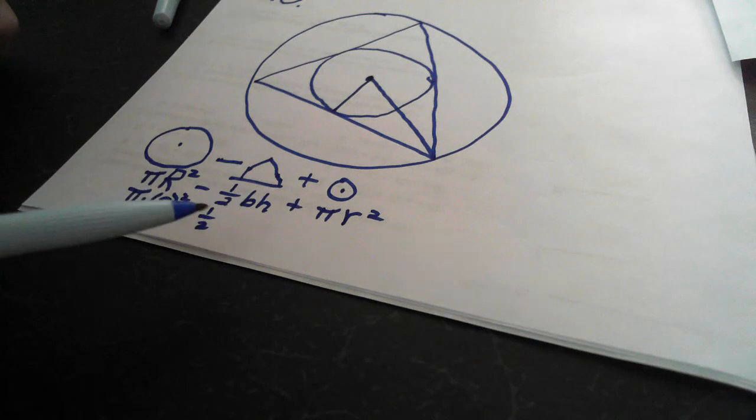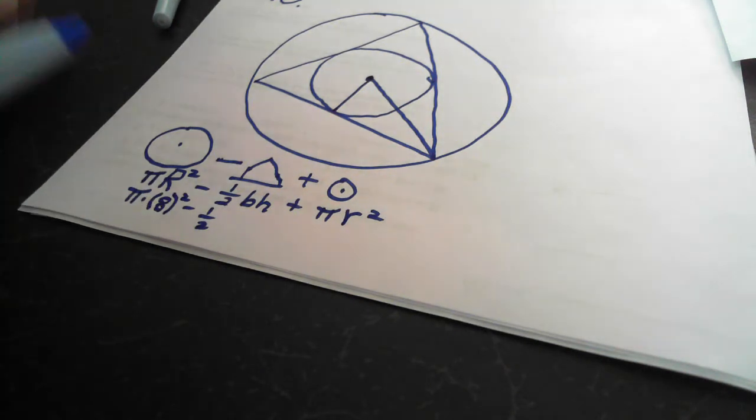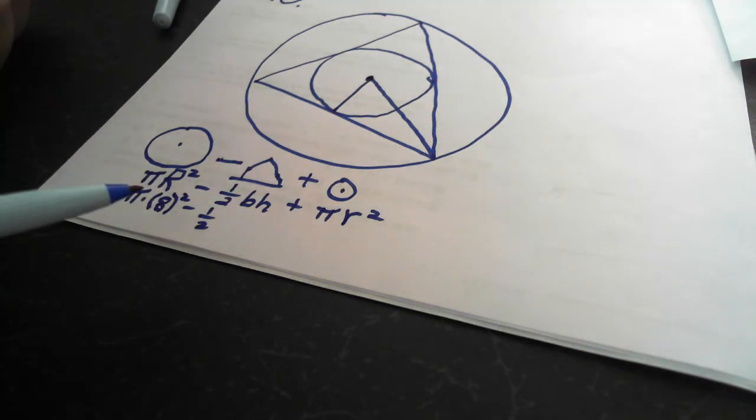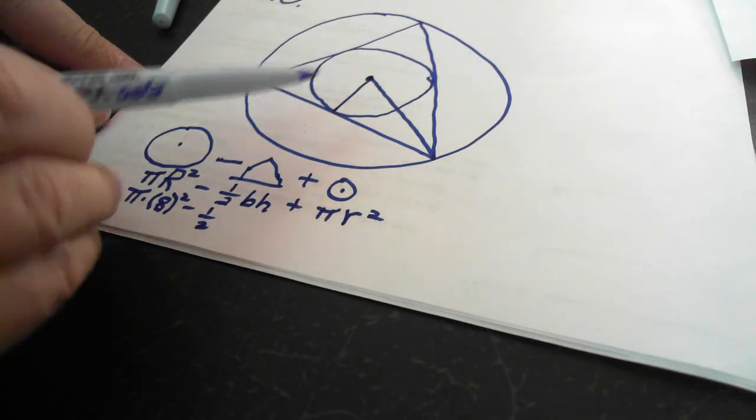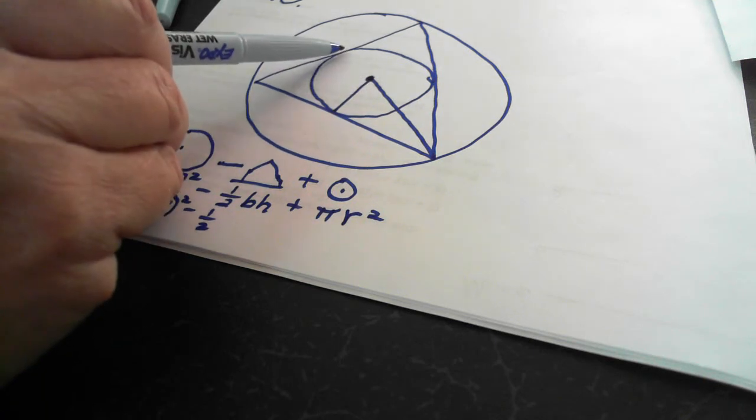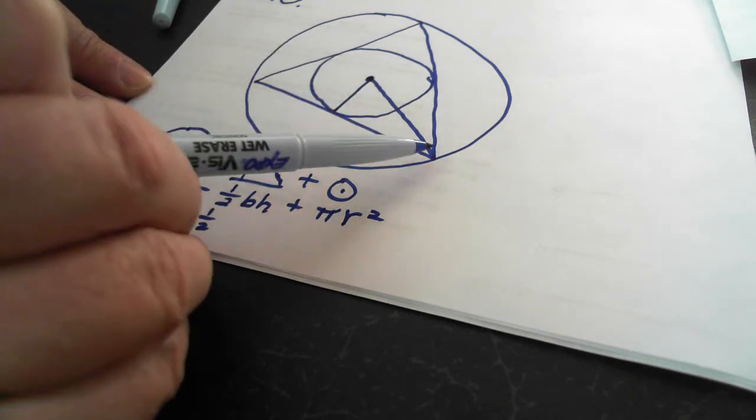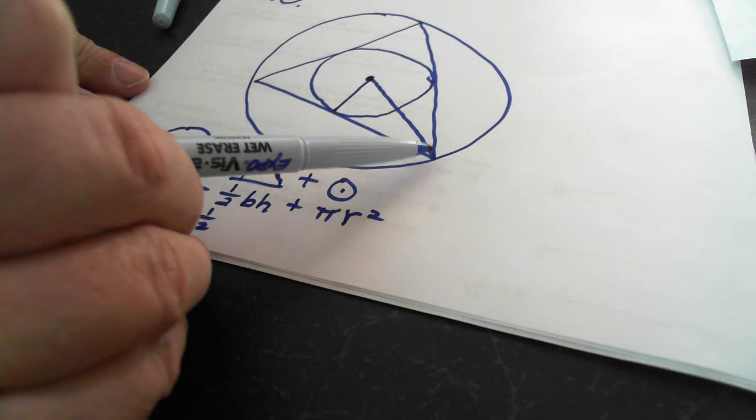Now I'm going to go to Matt Johnson, who is an equilateral triangle specialist. He totally understands the fact that the center of an equilateral triangle is 1/3 of the way to the wall, 2/3 of the way from the points.